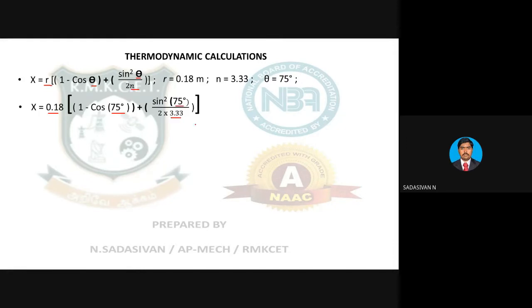Try to solve this. Please sit with your calculator when you come to the class. You may not be able to do it very fast, but please do it. If not before I give the answer, at least after it, check whether you are getting the same answer: 0.1586 meter.